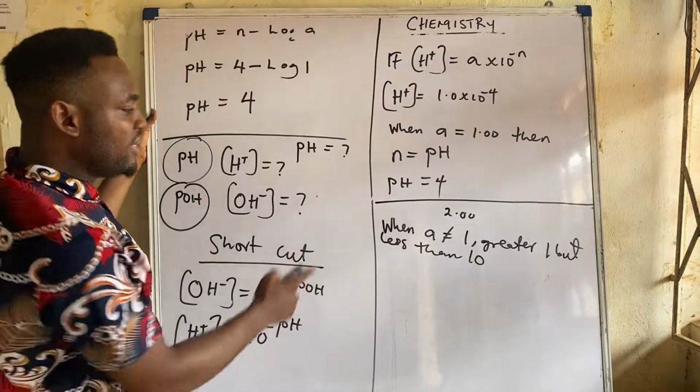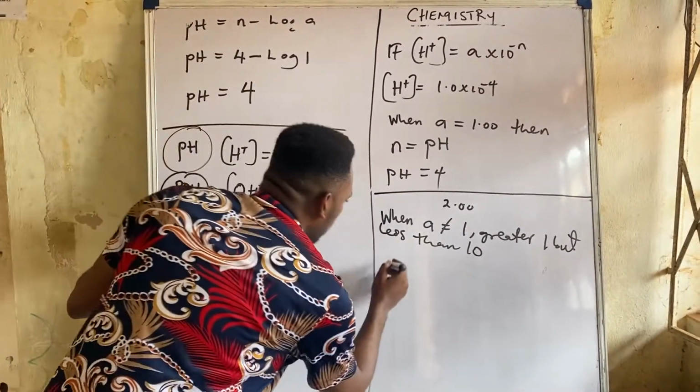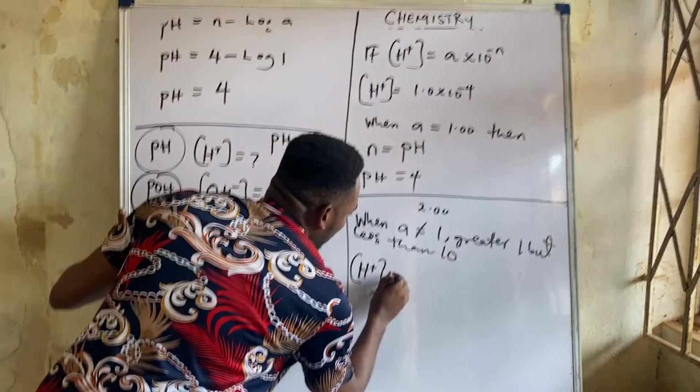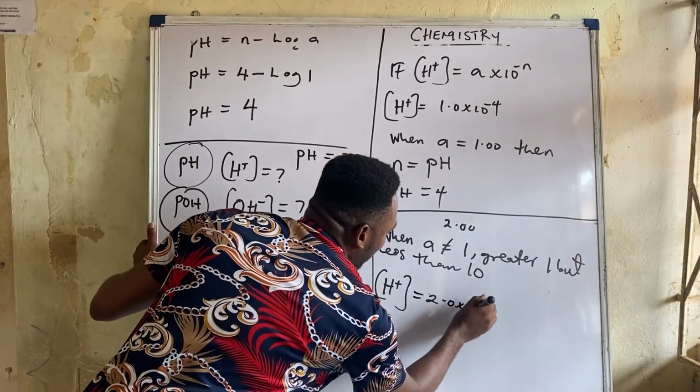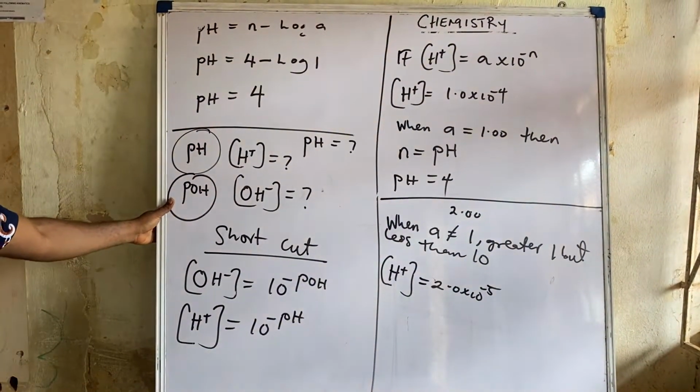What do we do? Whenever we have this condition, let's say for example we have H plus concentration of 2.0 times 10 to the power minus 5. This is our H plus concentration in a question, assuming now.